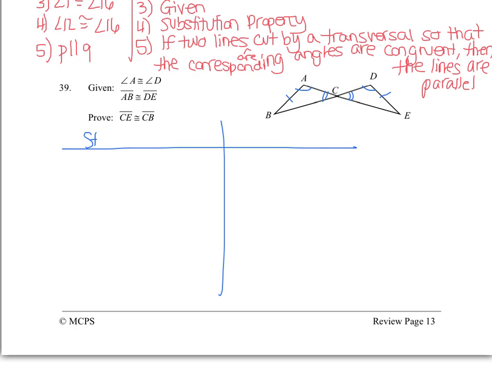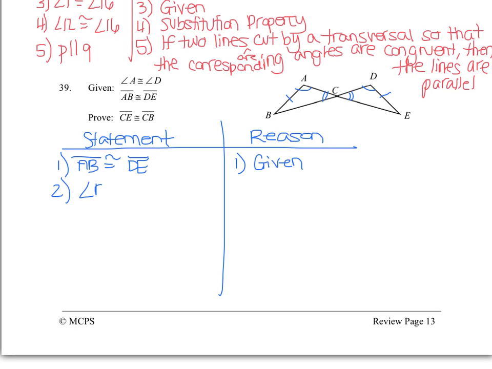So to do this, I'm going to do a two-column proof again, statement and my reason. It doesn't really matter, I'll start with side AB is congruent to side DE, and my reason for that is given. Next, I know that angle A is congruent to angle D. That also is given.